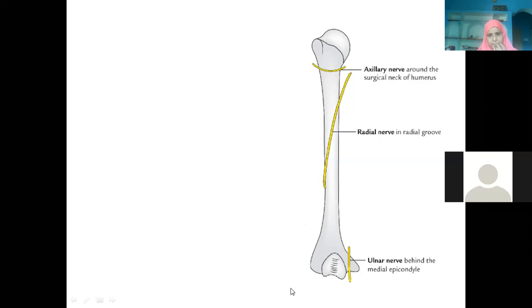Okay, then now coming to this, the medial epicondyle and lateral epicondyle, right? This is the posterior view. We know this because the spiral groove is seen posteriorly. Now behind the medial epicondyle, what nerve is passing? Ulnar nerve. This nerve may be damaged if the person falls on the elbow with an outstretched hand.